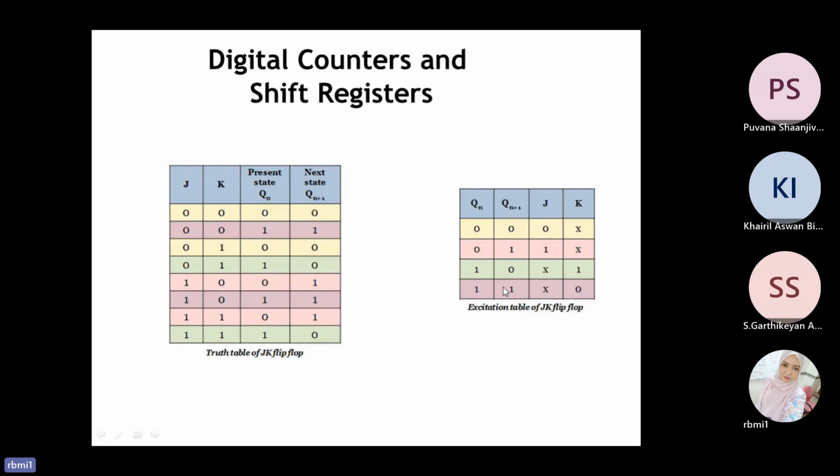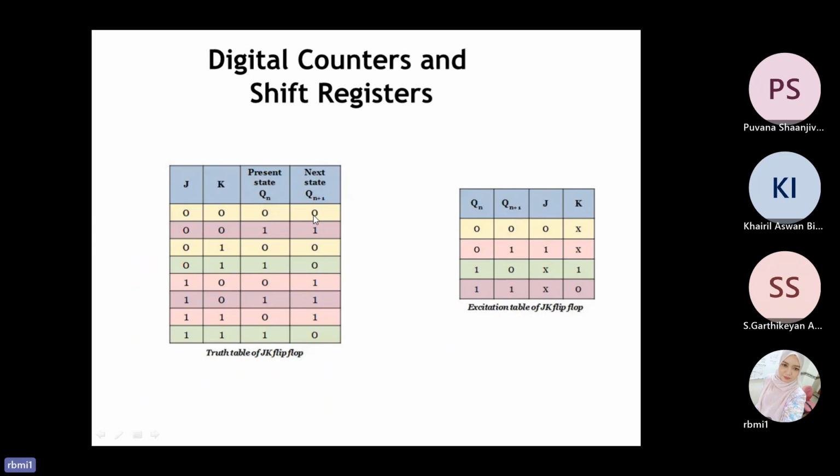How can we get this excitation table from the truth table? As you can see, this one is present value, and this is the next state, Q at t and t plus 1. Okay, the yellow one.